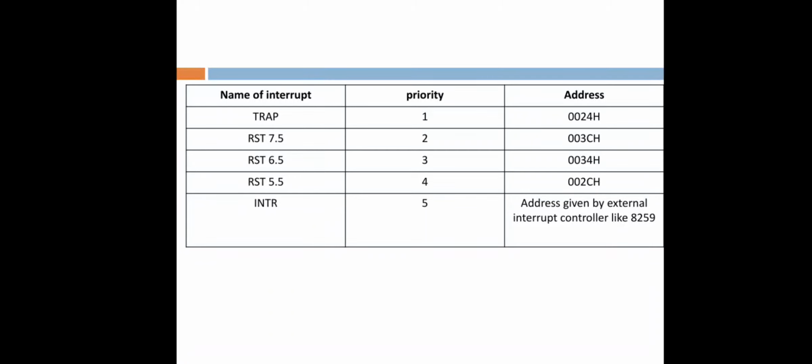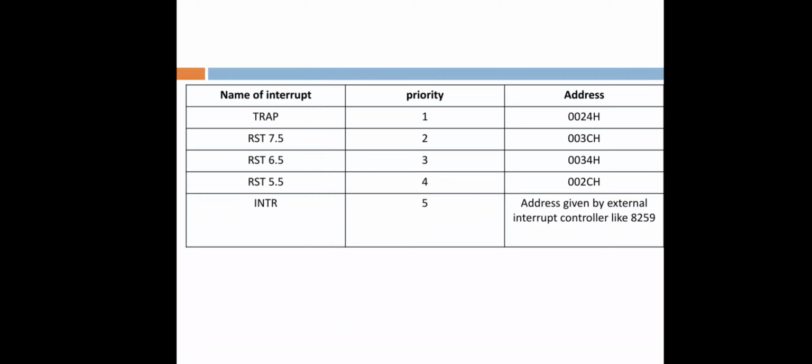All the jump addresses are nothing but ISR addresses, so the user writes the ISR at that location. Whenever TRAP occurs, the microprocessor jumps to location 0024H and executes the ISR written there. RST 7.5 is the second priority, and the jump address is 003CH.